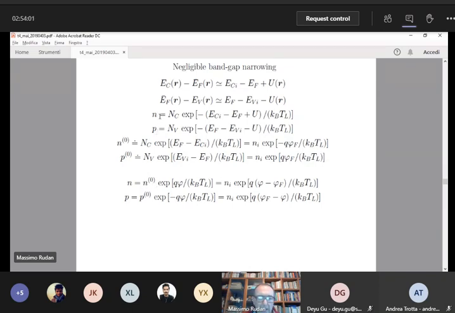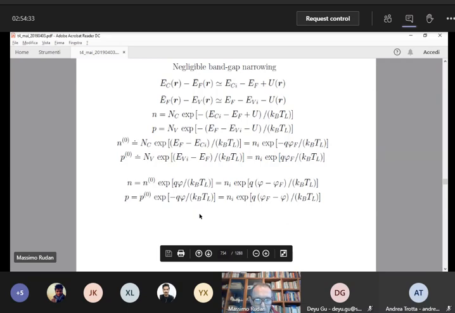The two general expressions above become n is equal to n0 exponential of q phi over kT. And in the last line, p is equal to p0 exponential of minus q phi over kT. Okay, so this is a pair of useful expressions for n and p.